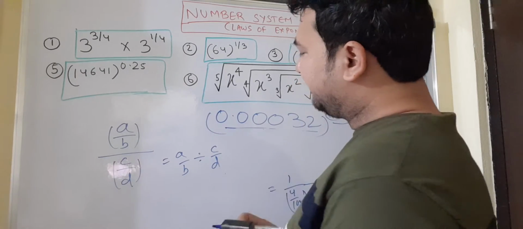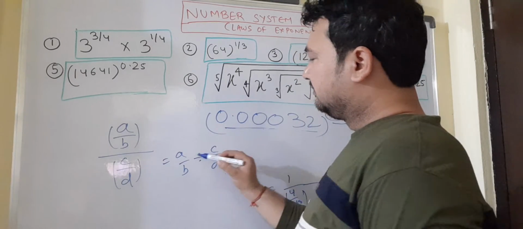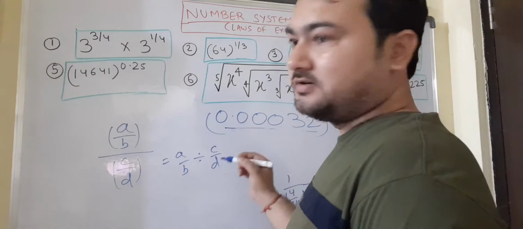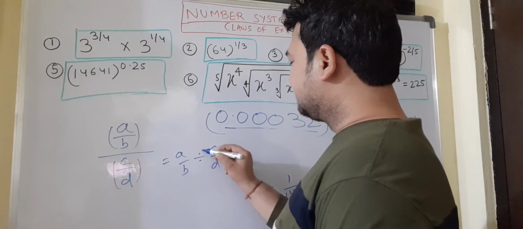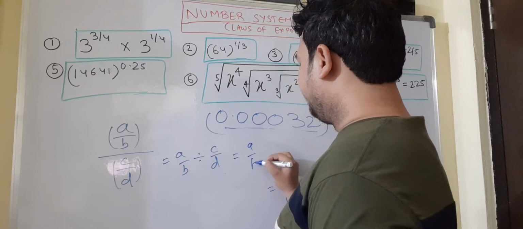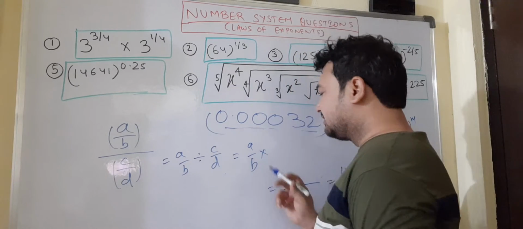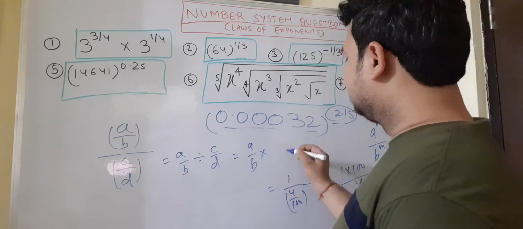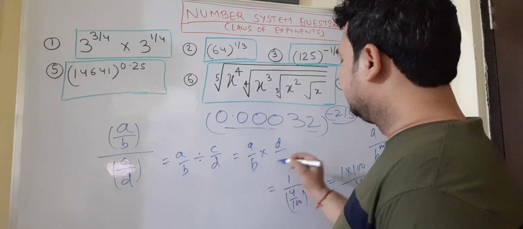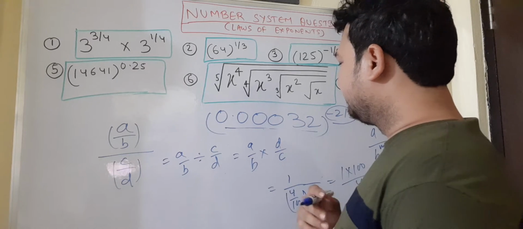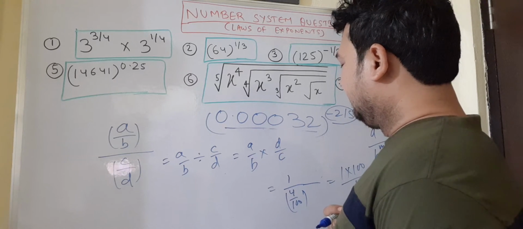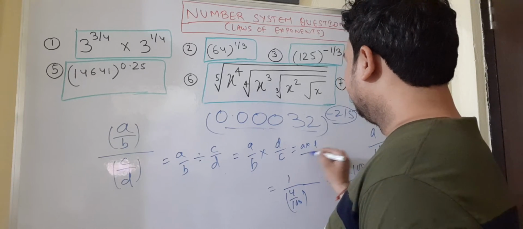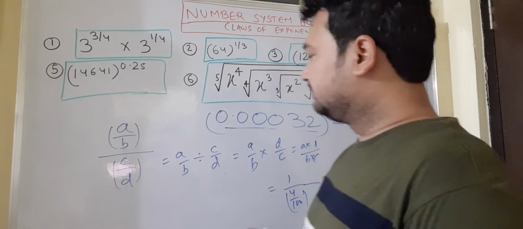Now, whenever you divide this a by b by c by d, or any number of such form, and you remove this sign of division and apply sign of multiplication, you reverse this. D becomes your numerator and C becomes your denominator. So it becomes a into d by b into c.